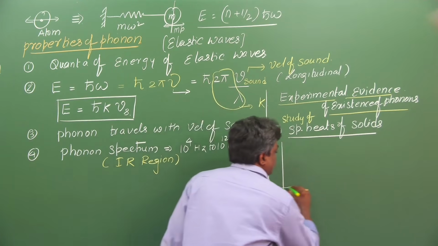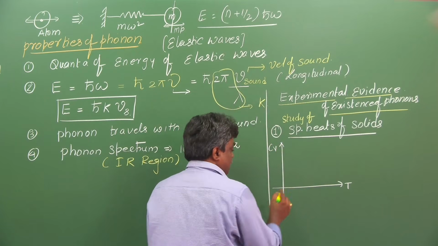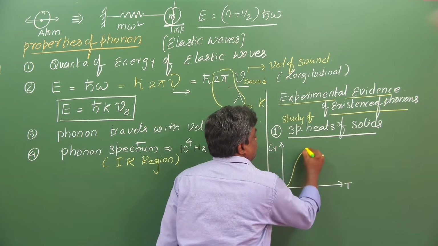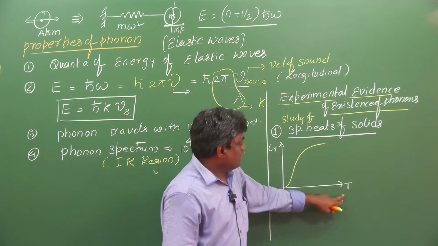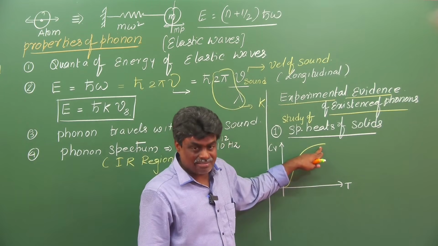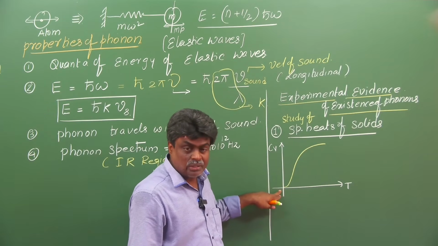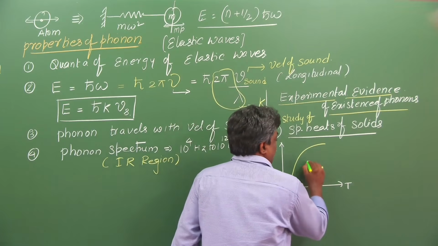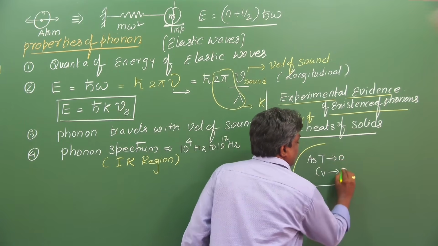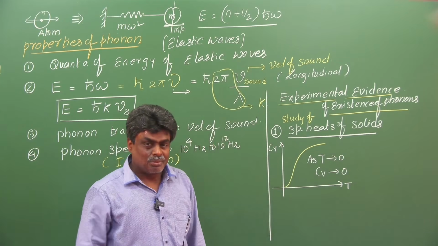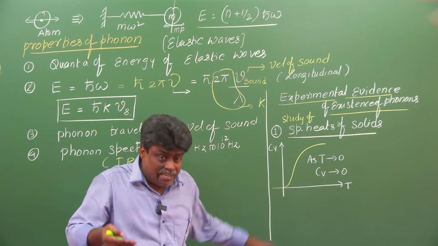If you take the specific heat graph, it will look like this. At a high temperature, it is a constant 3R. But as temperature decreases, CV tends to 0. That means as temperature tends to 0, CV also tends to 0.